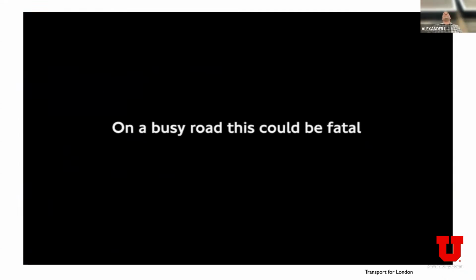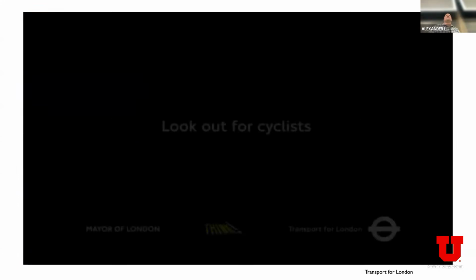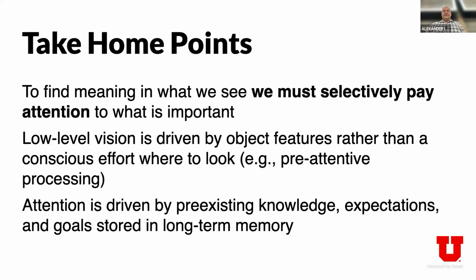Okay, so another example of paying attention in traffic, right? But also paying attention when we build data visualizations and when we build interactive systems. So the take-home points of this last part of the perception lecture: to find meaning in what we see, we must selectively pay attention to what is important. We really recognize things that we pay attention to, but we might miss a lot of other stuff.